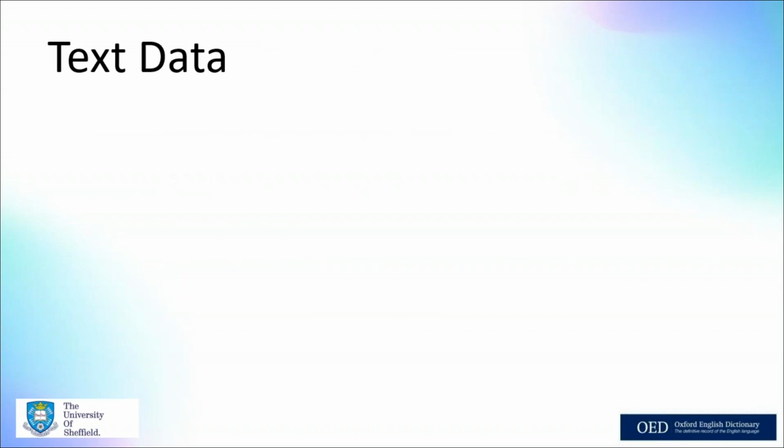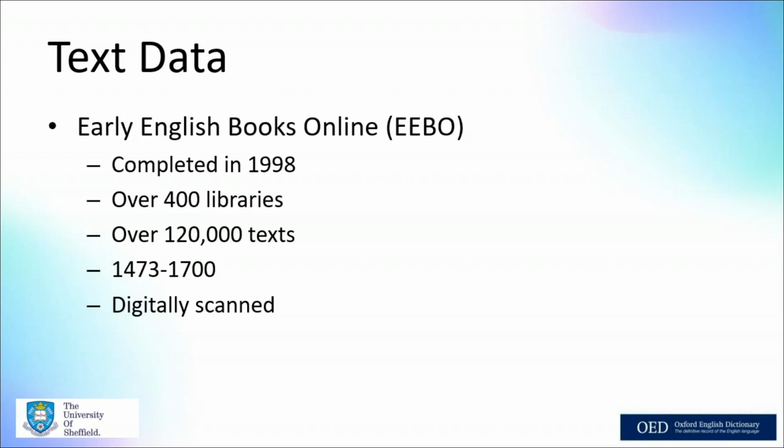The thing that made all of this possible was the availability of a significant bit of text data from 2015. The story with the text data starts with Early English Books Online, known as EEBO. EEBO was completed in 1998 with contributions from over 400 libraries around the world and over 120,000 texts.